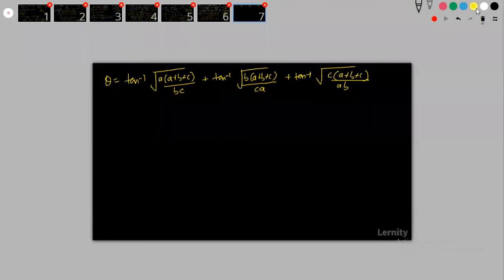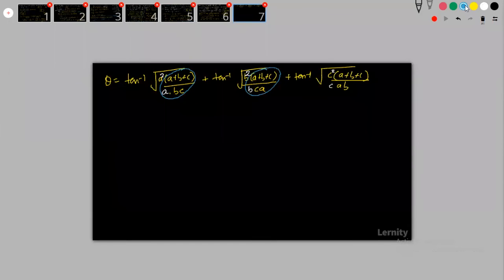And I know in this part, if I multiply with A, this will become A square, and the denominator will become A. If I multiply this part with B, this will become B square, and in the denominator I will get B. If I multiply this with C, this will become C square, and in the denominator I will get C. So see, this part will be the same for all: under root of A plus B plus C by ABC.